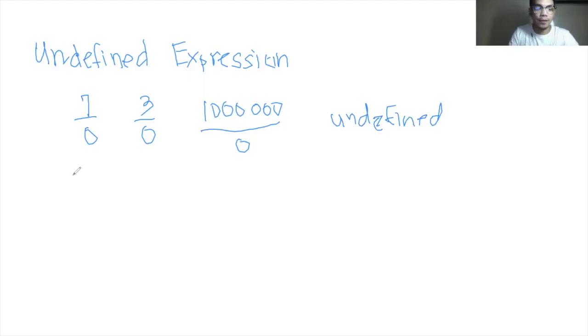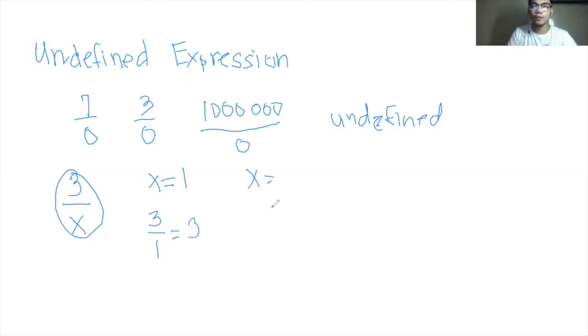Example, 3 over x. Because the denominator is unknown, x can be any number. So there is only a number that is not allowed to be used because the expression 3 over x will be undefined. If we let x be equal to 1, then the value of the expression will be equal to 3. If we let x equal 2, then the value will be 3 over 2.